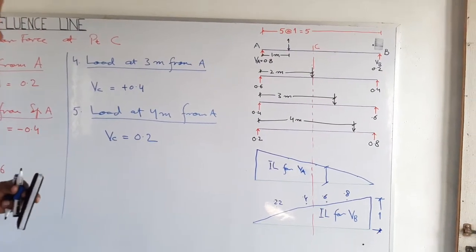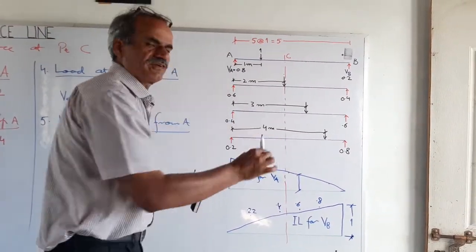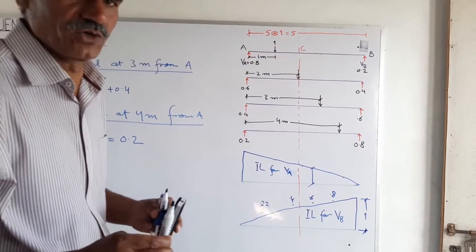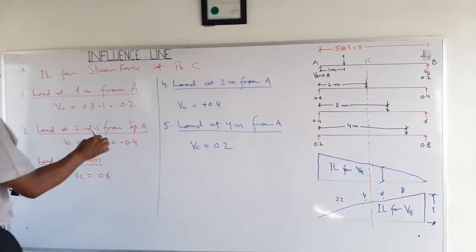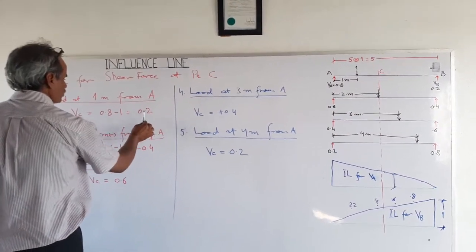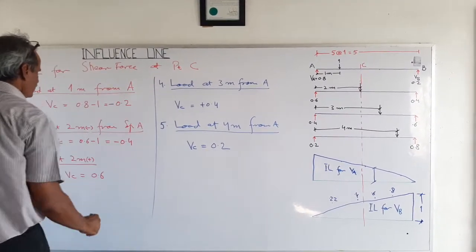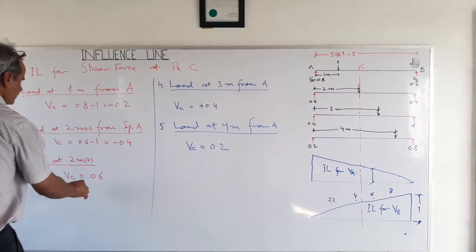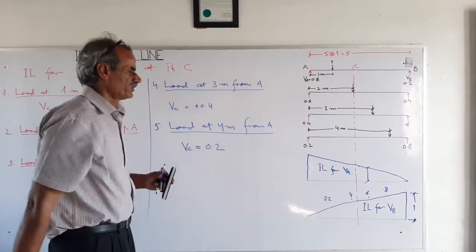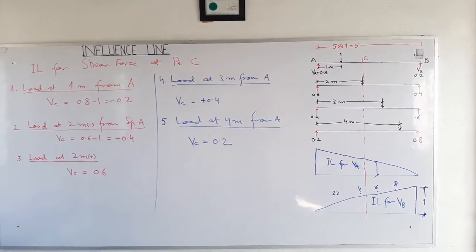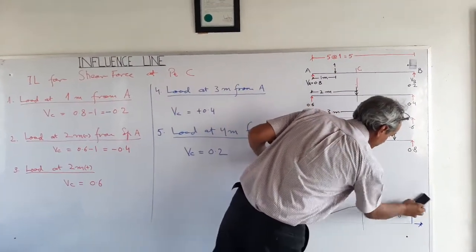Now the values of shear force at C with respect to different positions of the unit moving load have been varying, from 0, minus 0.2, minus 0.4, then plus 0.6, plus 0.4 and 0.2. Let's draw them on the board.